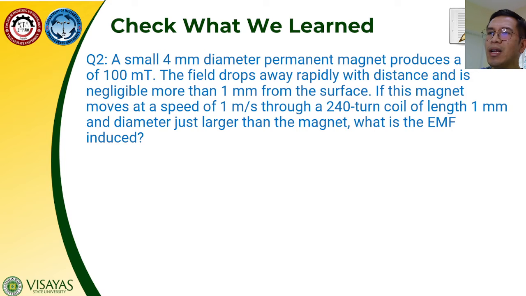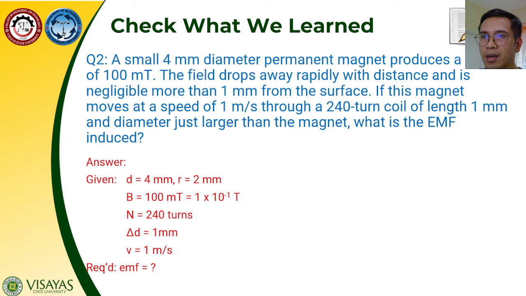So from our formula a while ago, what are the given here? We have the diameter of the magnet, which is 4 millimeter. Its radius is 2 millimeter. Why do we need to write the radius? Because we can use the value of the radius to compute for the area of the coil.